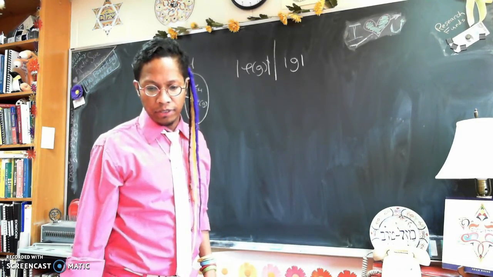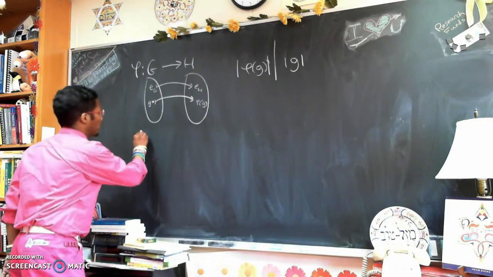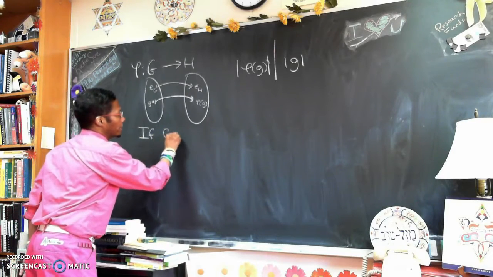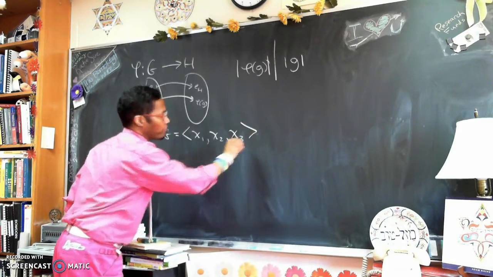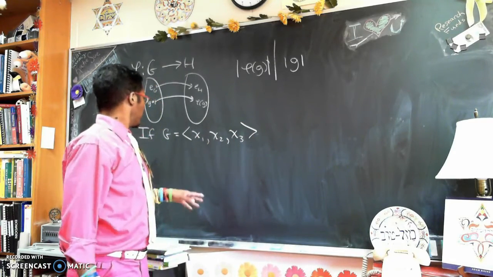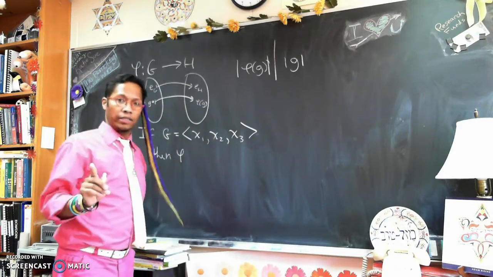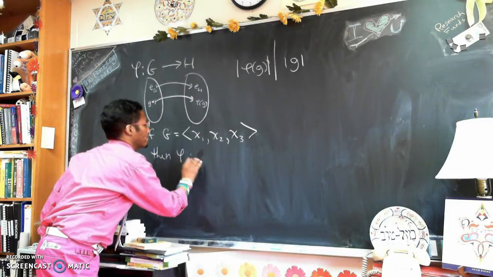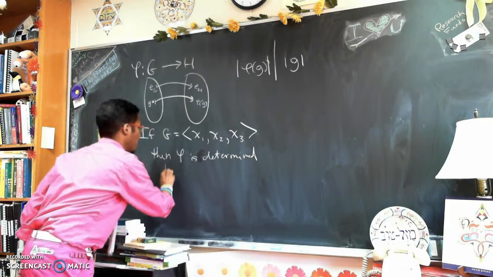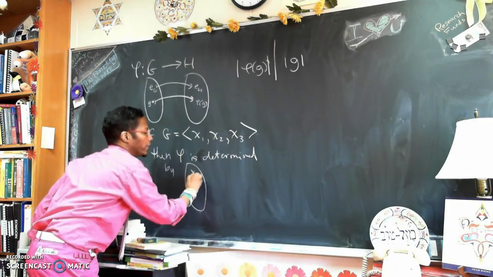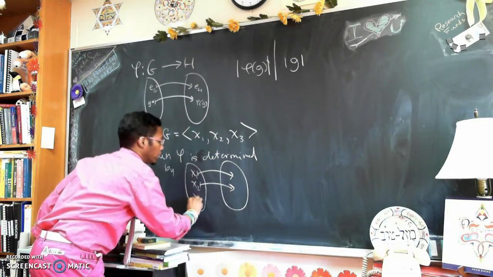So let's consider something else. Also, if G is generated by a finite number of elements, say 3 elements, then the homomorphism phi is determined by wherever it sends x1, x2, and x3.